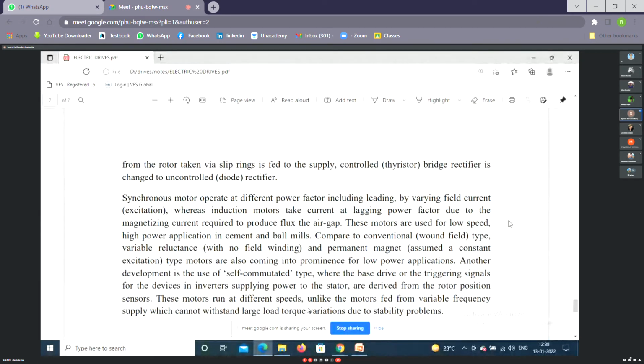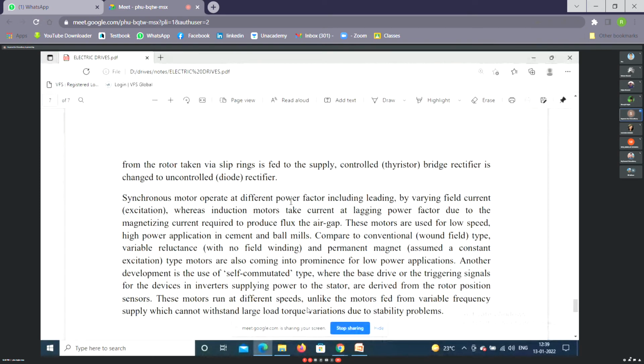For the induction motor, we have the distributed winding, so it is difficult to make an induction motor with low speed. It is costly. So in that low speed, high power range, the synchronous motor is much more popular.